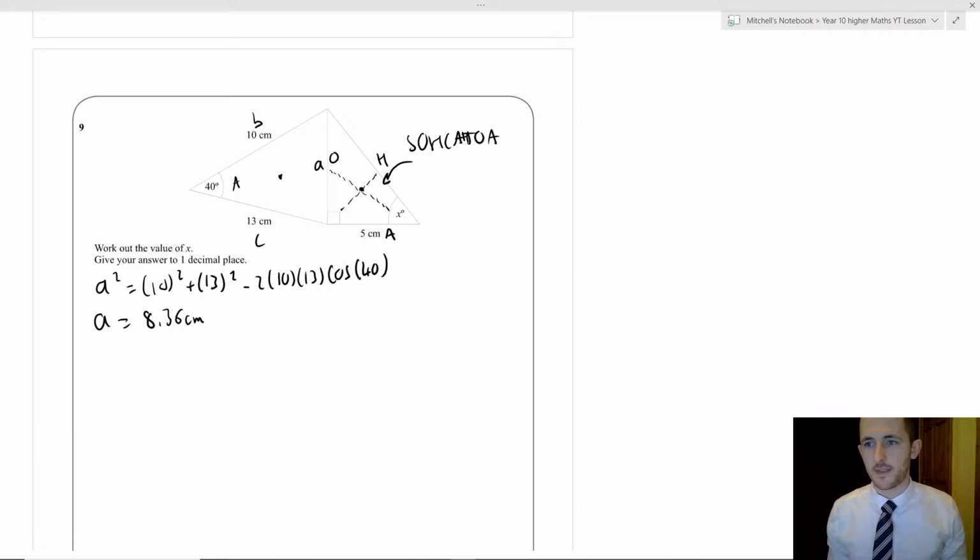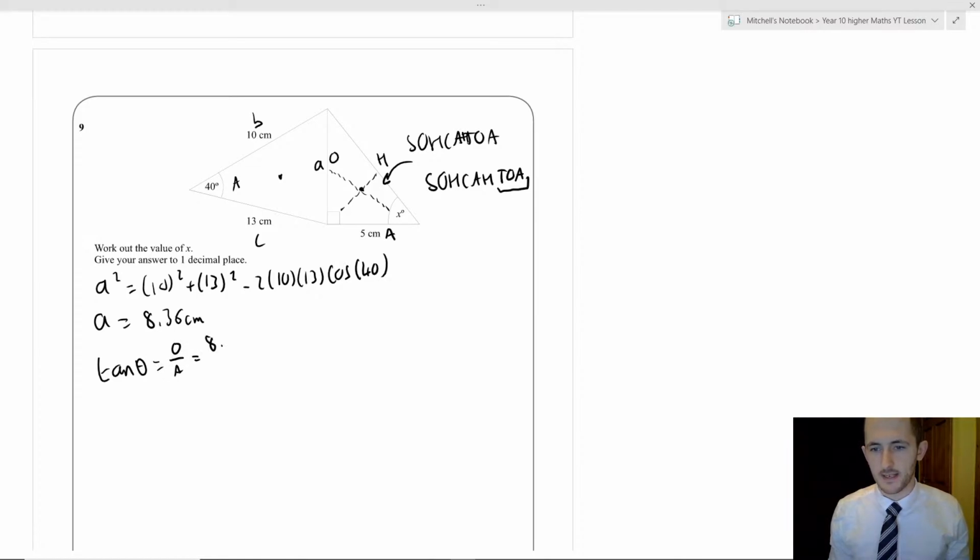Okay? So if we look at this, let me rewrite this out just to make it a bit clearer. SOHCAHTOA. We have the opposite side and the adjacent side, and we want the angle, so we're looking for opposite and adjacent. That's using the TOA part. So we're going to be using tan theta equals opposite over adjacent. So in this case, it's 8.36 over 5. Okay.